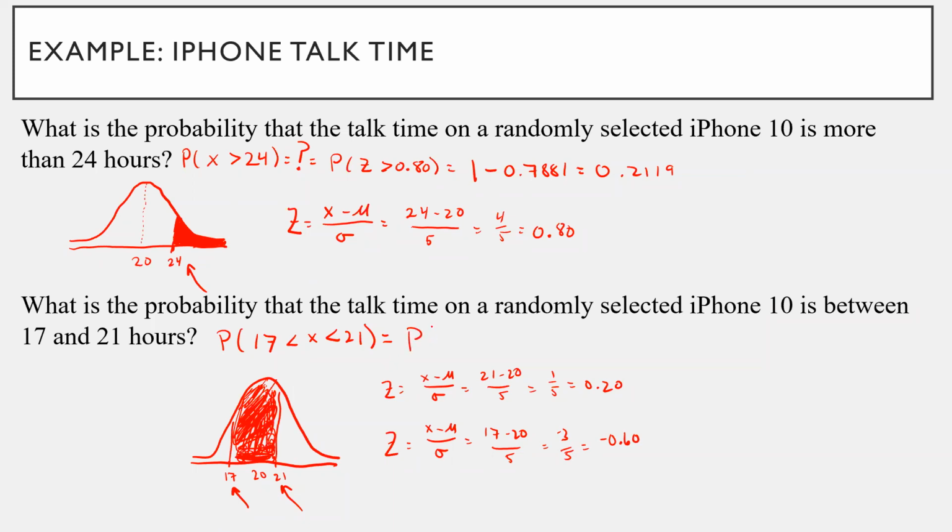So this literally just becomes now, what's the probability that the z-score is between these two numbers? All right, does anybody remember this procedure, just out of curiosity? For two z-scores, I know I only did one example. What do I have to do?